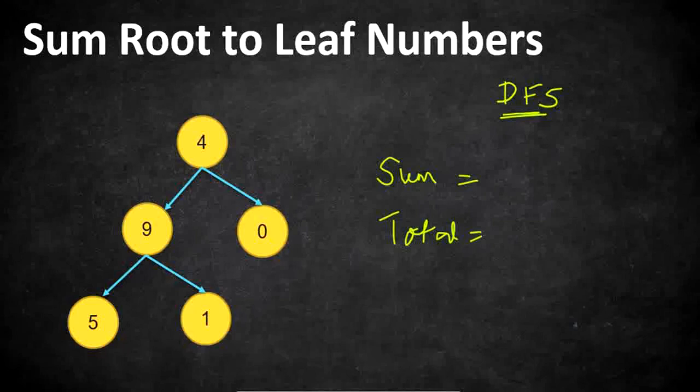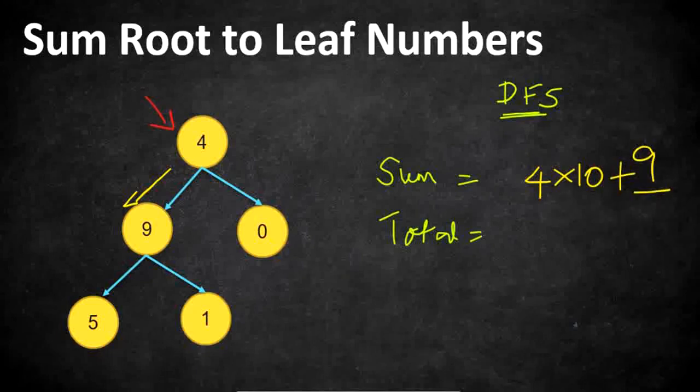So starting from the very first element in the tree, which is 4, we are going to add 4 to our sum. So 4 will be added first, and then moving on to a deeper node, which is 9, we do a multiplication with 10 plus the value of the current node, which is 9.